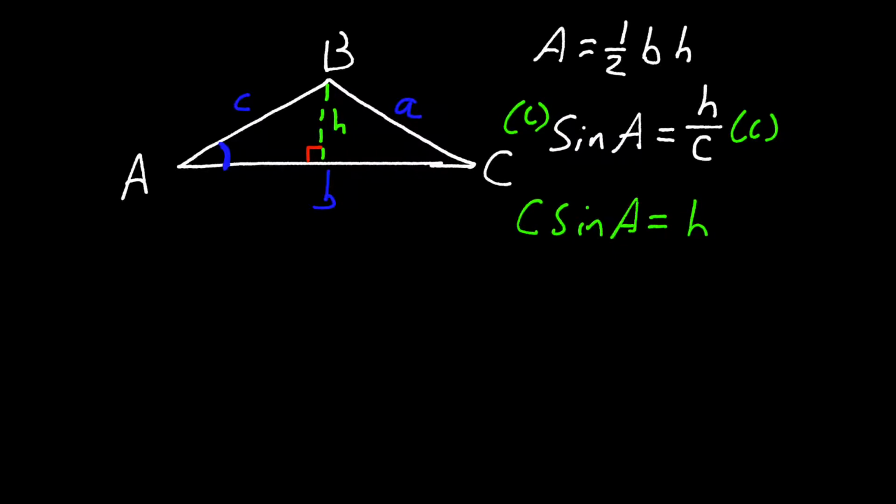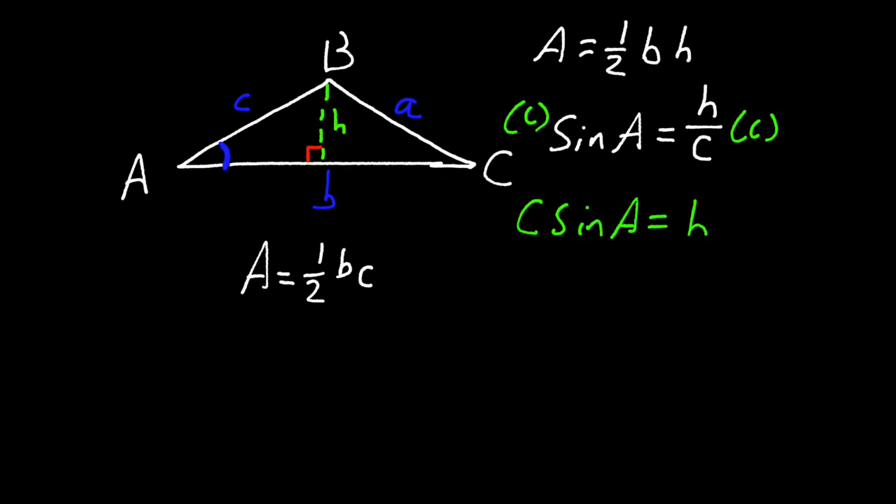So I have just changed this formula. It was 1/2 the base times the height, but now I'm saying the height is equal to c times the sine of A.